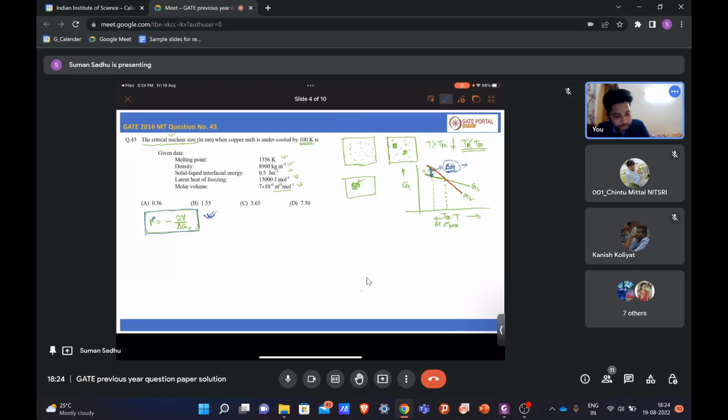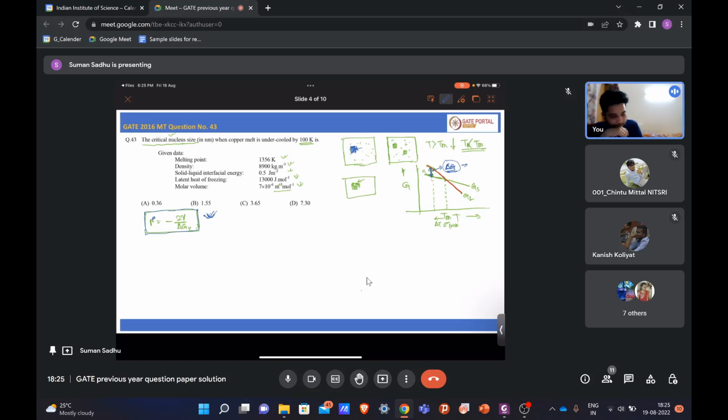Once a solid is forming, a new solid-liquid interface is forming. Because a new interface is forming, it also requires some amount of energy. This formation of the new interface opposes the solidification. So energy is required, and we have to provide a sufficient amount of energy to form this surface.